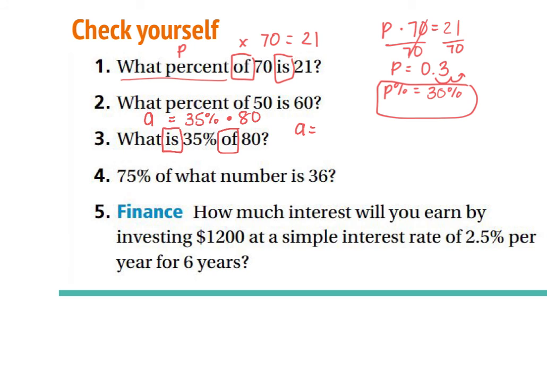Remember, 35% has to be converted to a decimal. So this will be 0.35 times 80, which is 28.